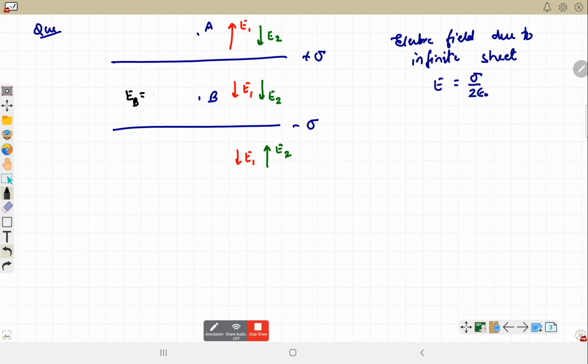Sigma by 2 epsilon naught plus sigma by 2 epsilon naught, that becomes sigma by epsilon naught. बाहर की तरफ A का 0 और C का भी 0. अगर हम यहाँ पे C ले लेते हैं, because these two fields are opposite, same in magnitude but opposite in direction, so they will cancel out.